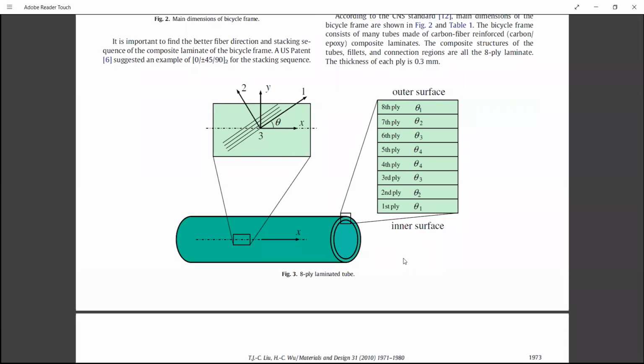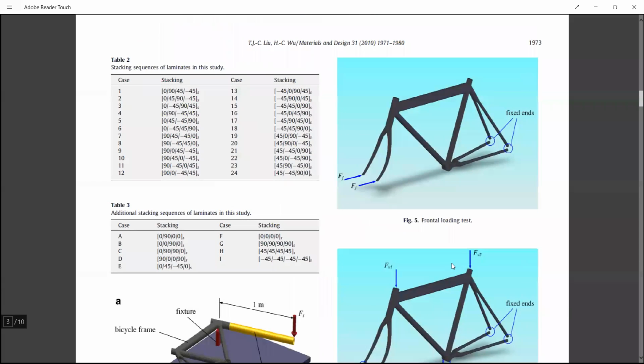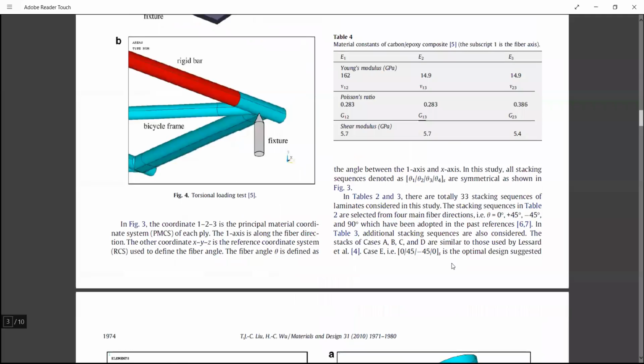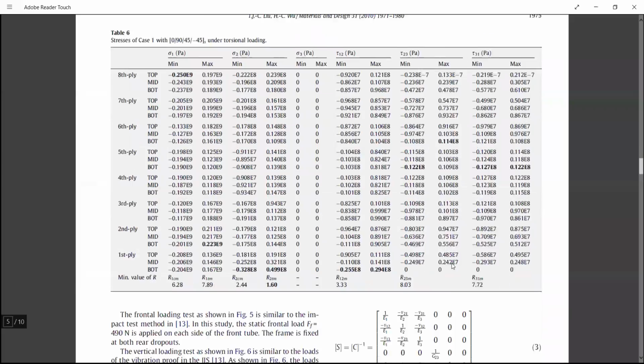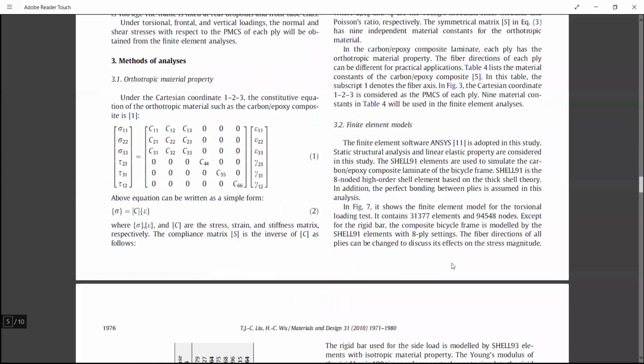So I just wanted to give you an idea of how the cycle frame tube is having 8 plies of different orientations and how this is being analyzed. Okay, so everything is macro mechanics over here that is being applied.